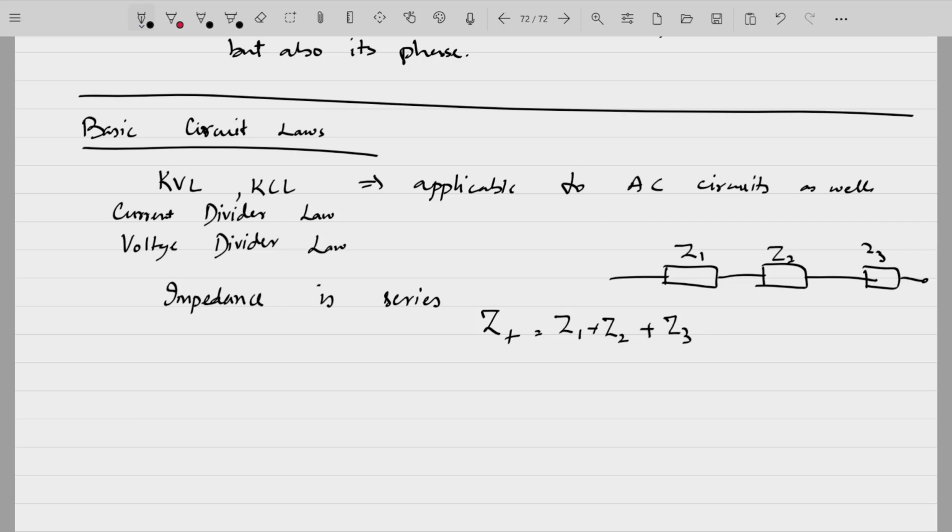Of course, here Z1, Z2, Z3 are not real numbers, they are complex numbers. So accordingly, you will have to follow the laws of complex algebra.